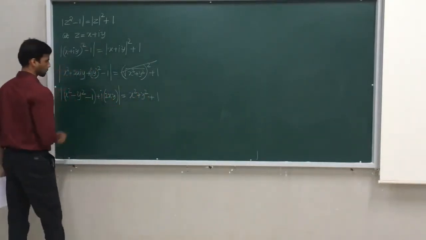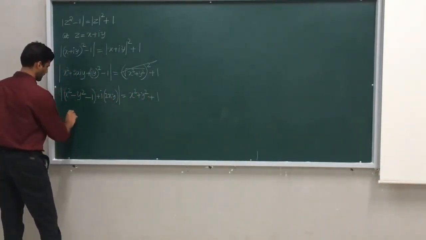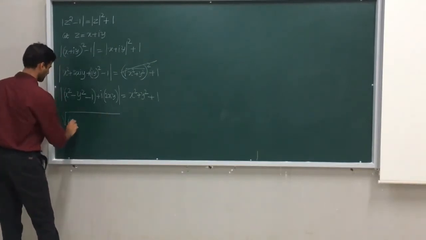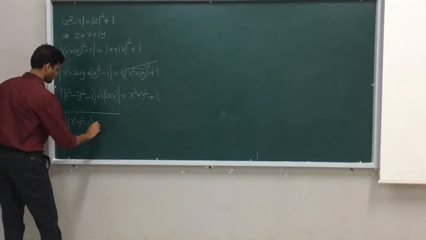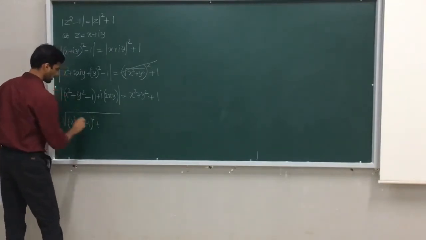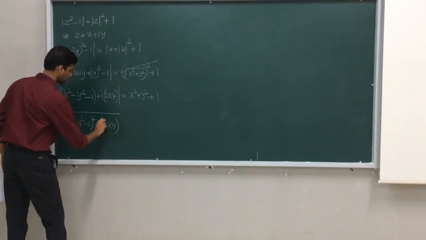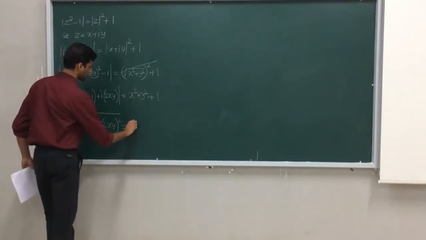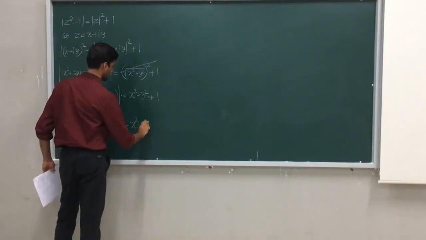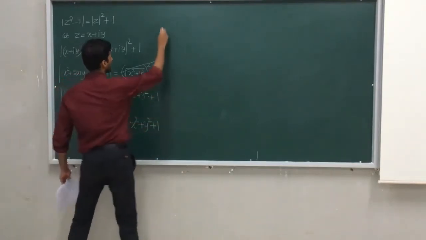So it looks like the modulus of a complex number, which we know how to tackle. It is nothing but the square root of (x² − y² − 1)² + (2xy)² equal to x² + y² + 1.